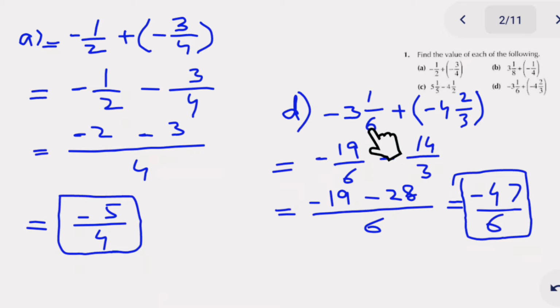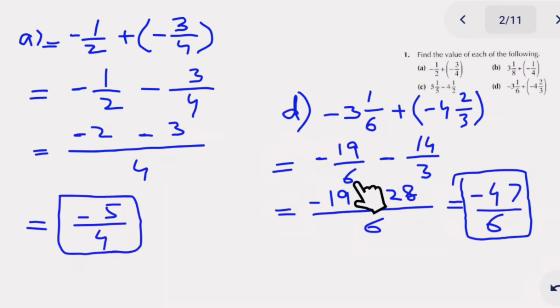In the D part we are given a mixed fraction, so the first step is to convert that mixed fraction into a simple fraction. 6 3s are 18 plus 1 is 19, so minus 19 over 6, plus minus minus 4 3s are 12, 12 plus 2 is 14, and the denominator remains the same. In this one, 6 and 3, the denominator is 6.